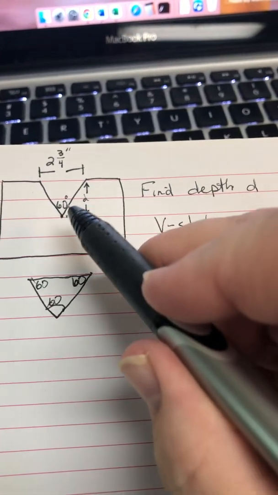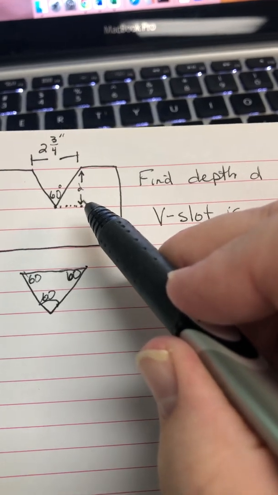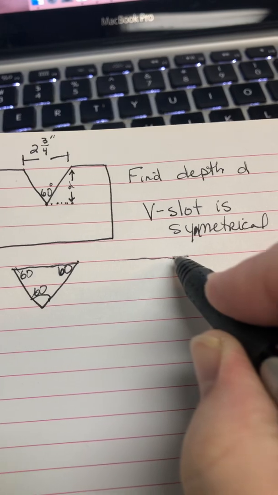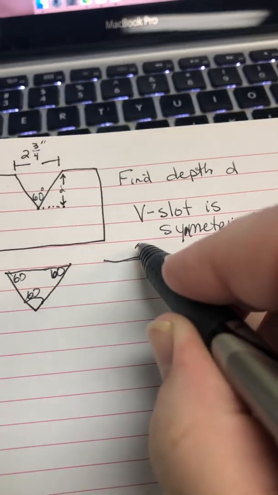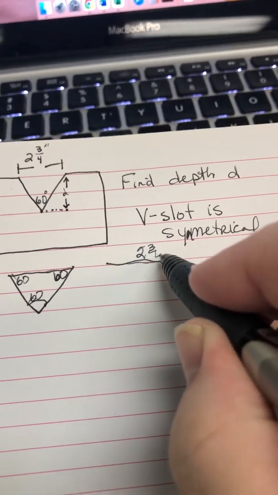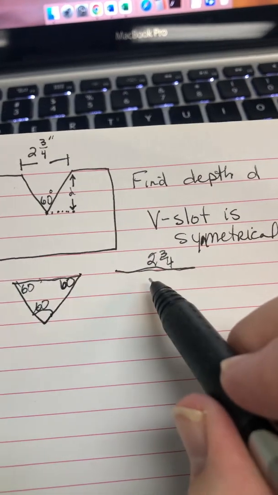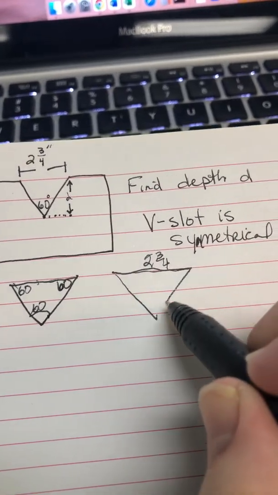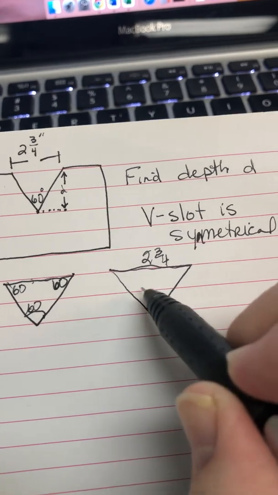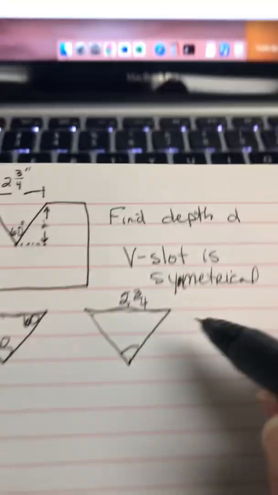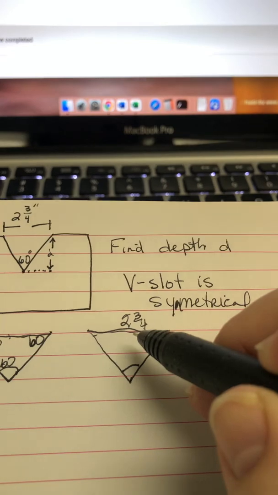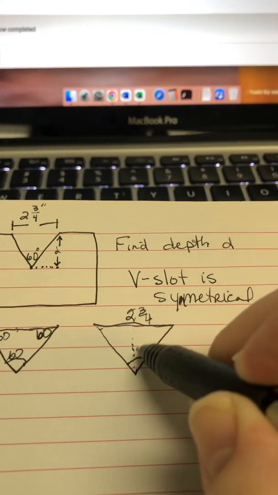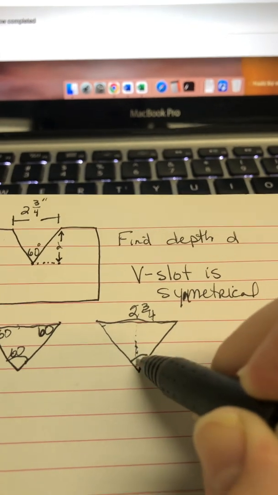Now the depth here, if I'm looking at this triangle and we know it's 2 3/4 inches across the top here, and we know that each of these corners is 60 degrees, then what we could do is a perpendicular line through this right here. That's the depth line.